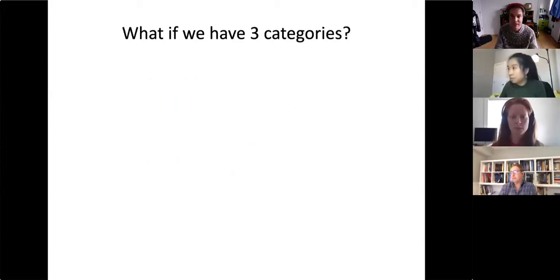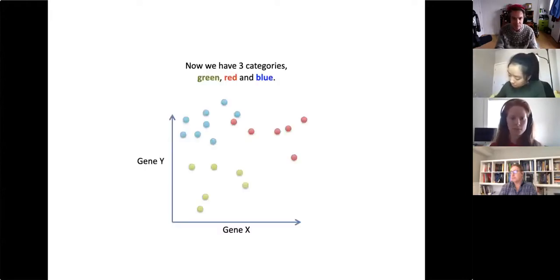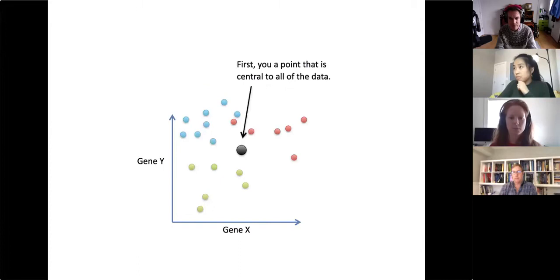What if we have 3 categories? 2 things change, but just barely. When we have 3 categories, so we've got green, red, and now we've got blue as our new category, the first difference is how you measure the distances among the means.